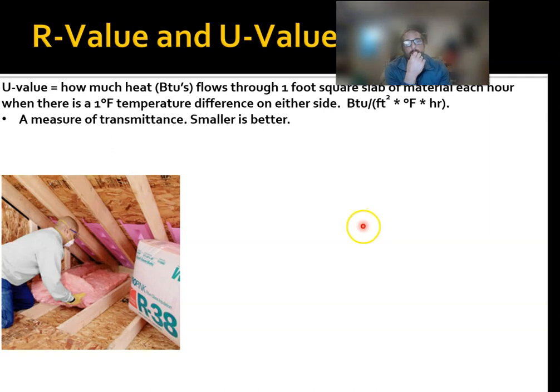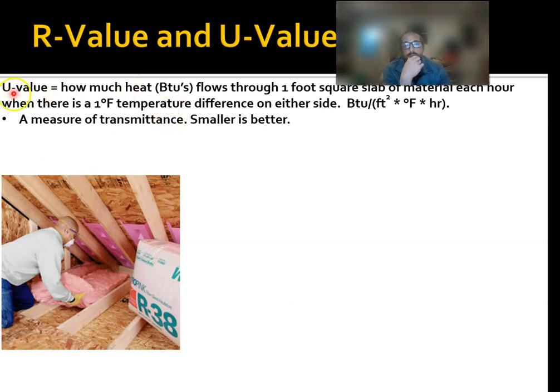So how do we know how much heat's going to flow through a surface? We need to know the U value. This is what we really need. R value is helpful, but the only way we use it to calculate heat loss is to convert it to U value, and I'll show you how to do that. It's really easy.